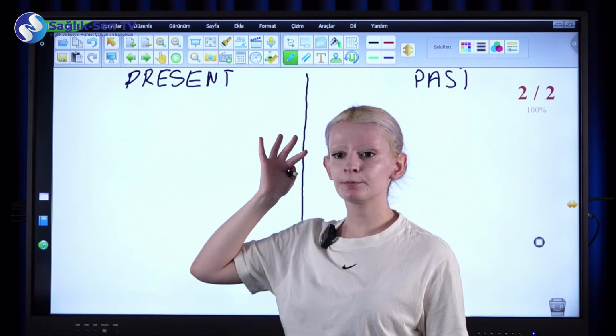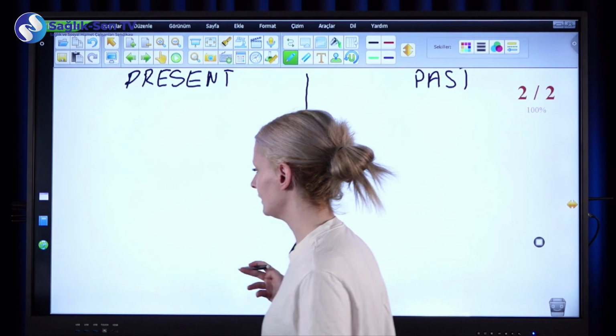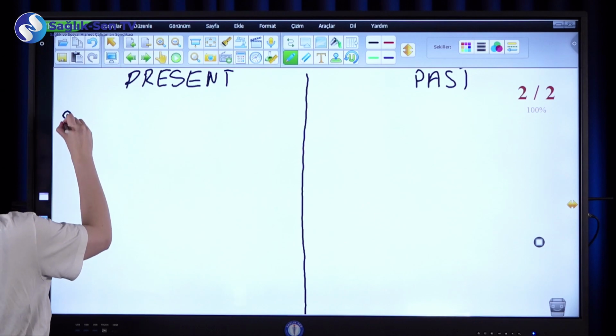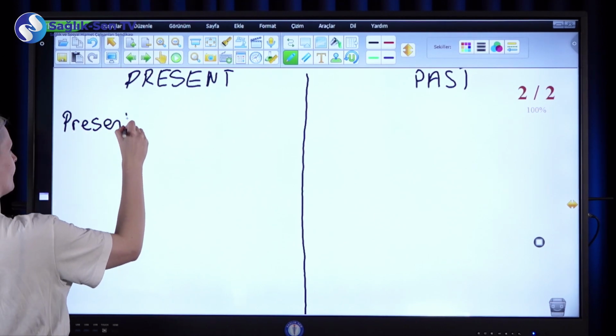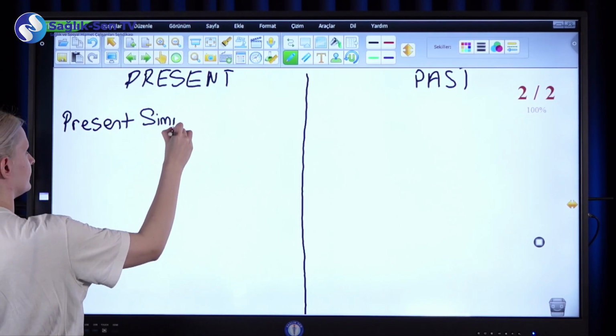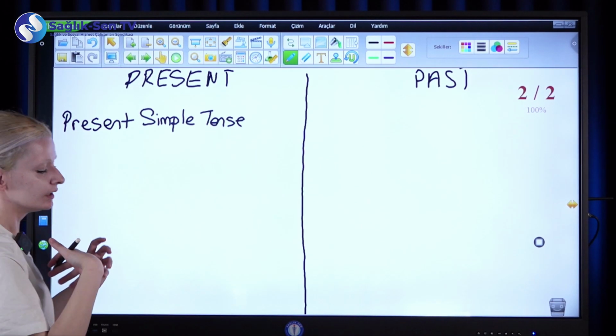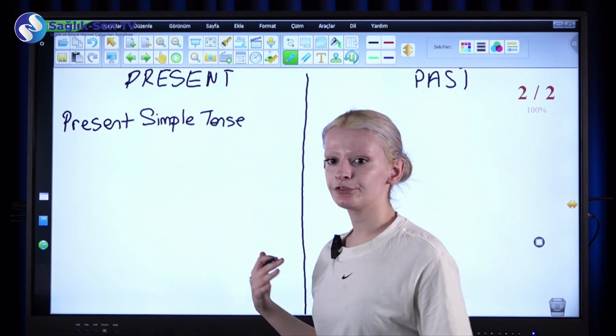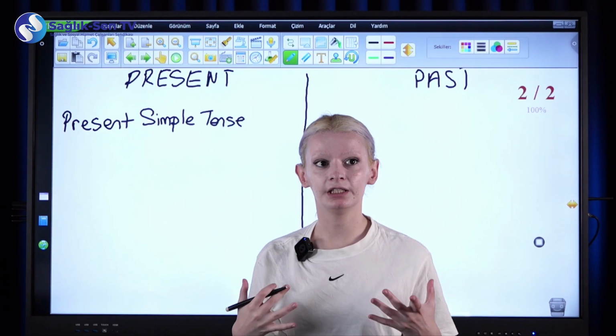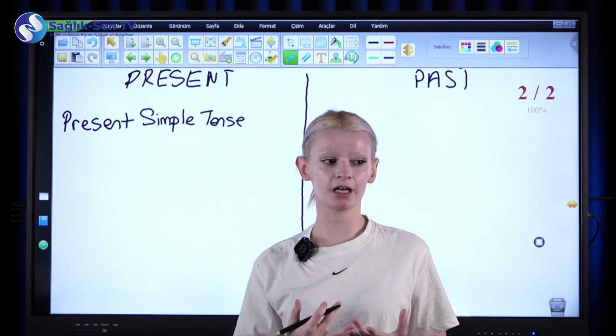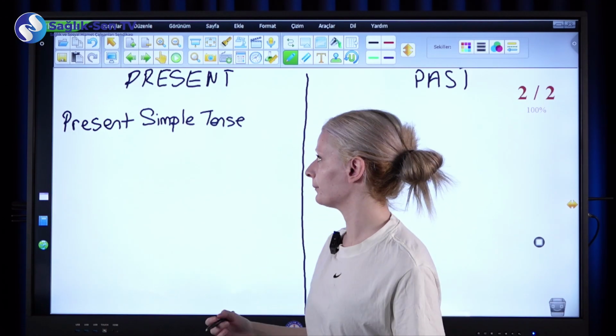Okay, let's do something like this. In our present tense family, we, of course, first of all, have present simple tense. Present simple refers to the routines that we do, the actions that happen frequently.